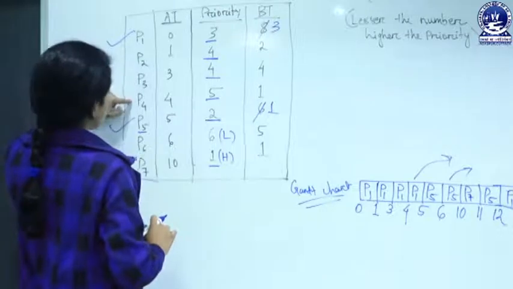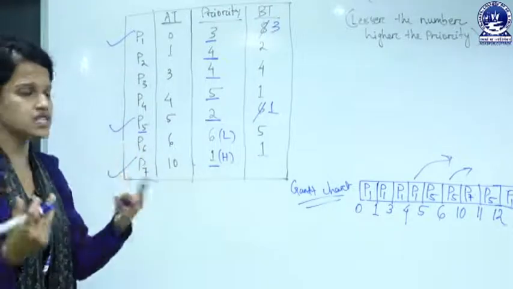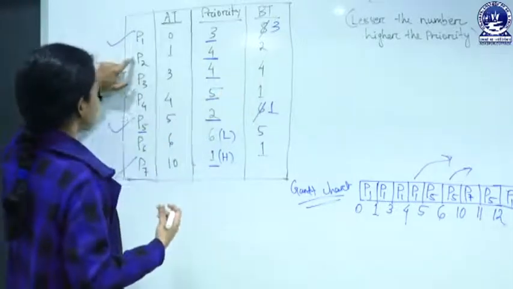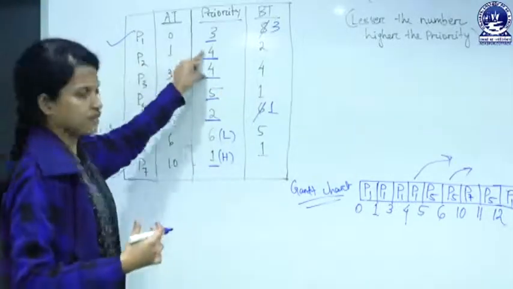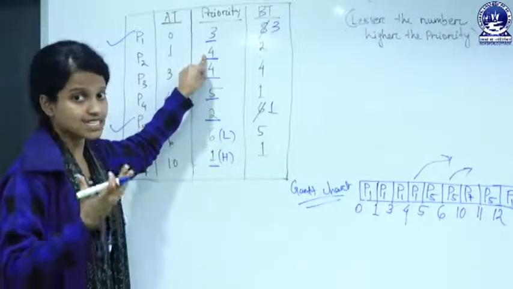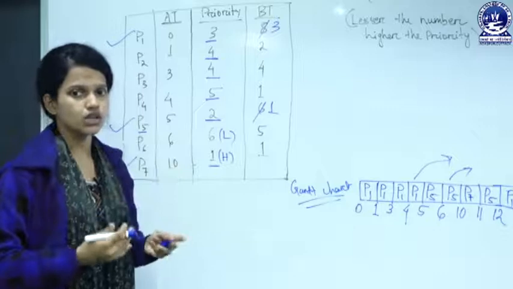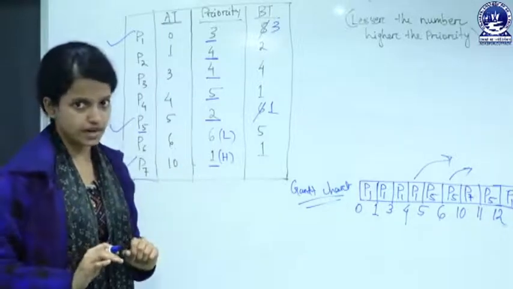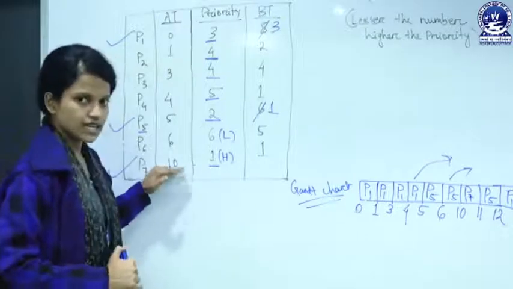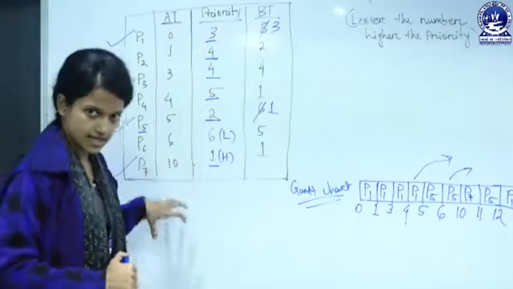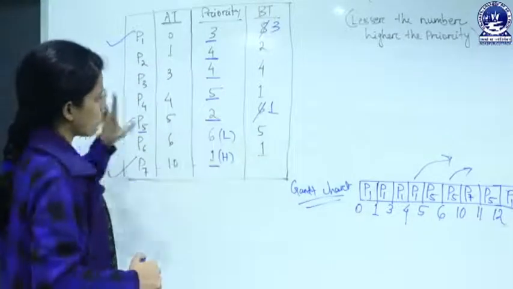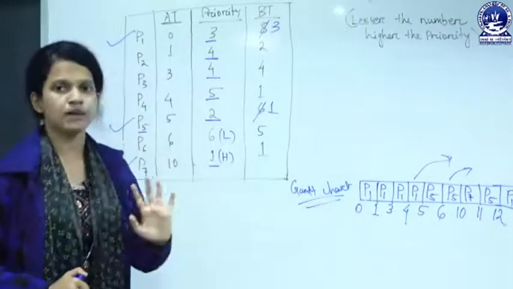Next, among P2, P3, P4, which is having highest priority? See, 4 is the highest priority, but P2 and P3 are having the same priority. If there is a tie, then we follow the funda of FCFS, right? Because at the point of 10, there are no processes in the ready state, and after 10, this algorithm works as simply the non-preemptive version.